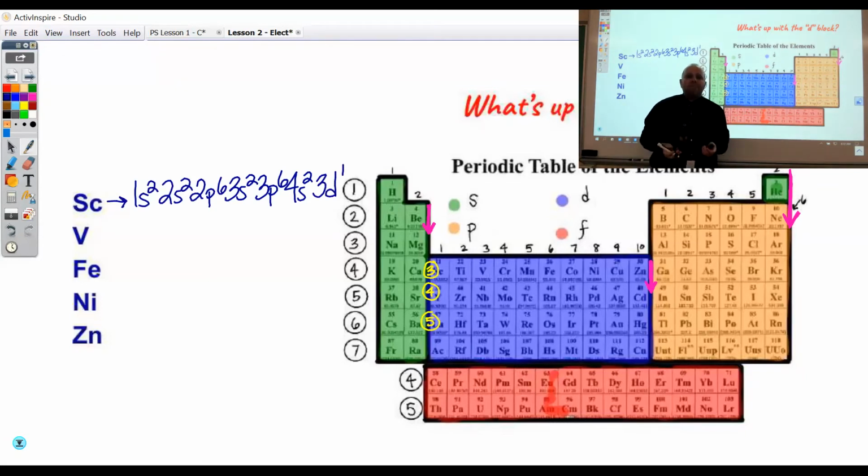Now, what happens here is that the third energy level, D sublevel, is really close in energy, but slightly higher than parts of the 4s sublevel, which end up filling in electrons before.